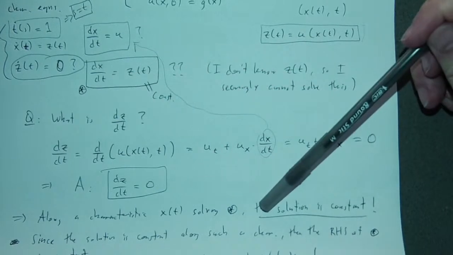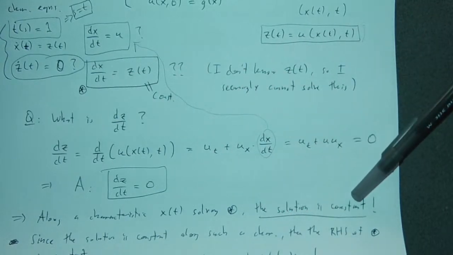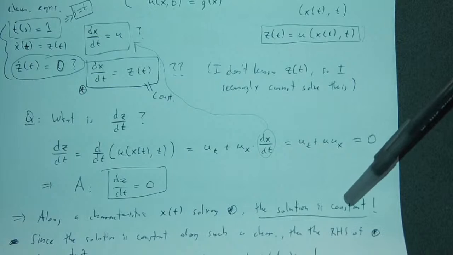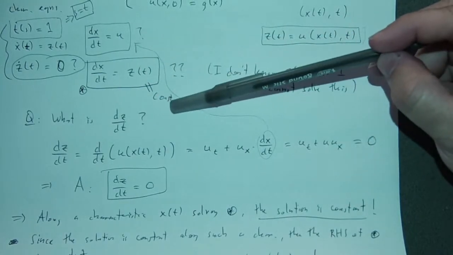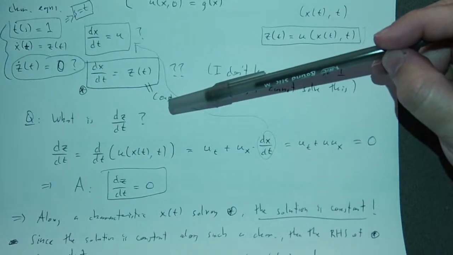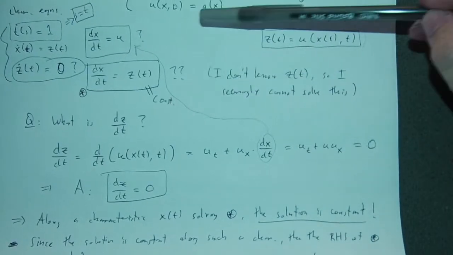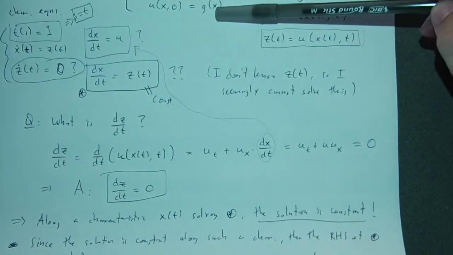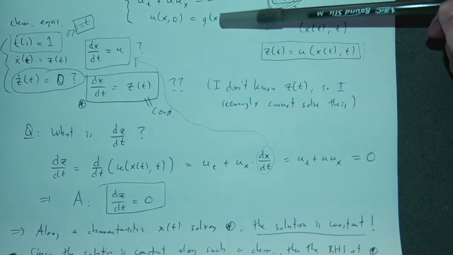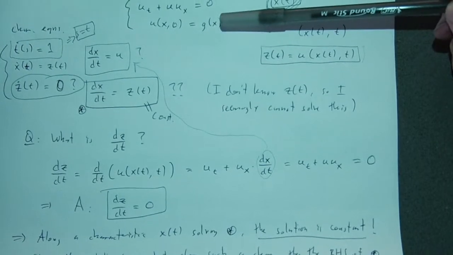So the solution is constant along characteristics, but the characteristics are lines with slopes determined by that constant value. Of course, specified on the t equals 0 axis, that constant value is given by the value of g at the point.